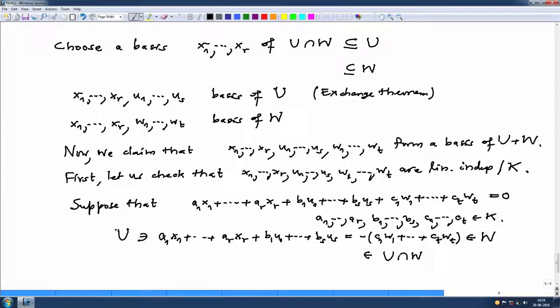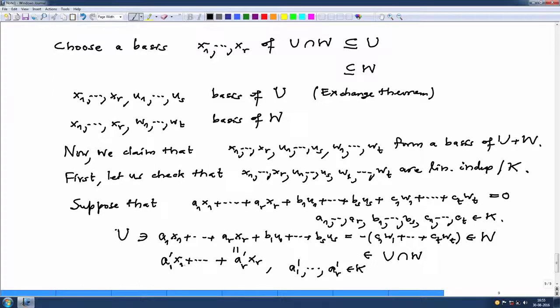This means the left hand side I can write as a linear combination of x1 to xr. So, that means I would write this as a1 prime x1 plus ... AR prime xr, for some other constants a1 prime to AR prime in K.